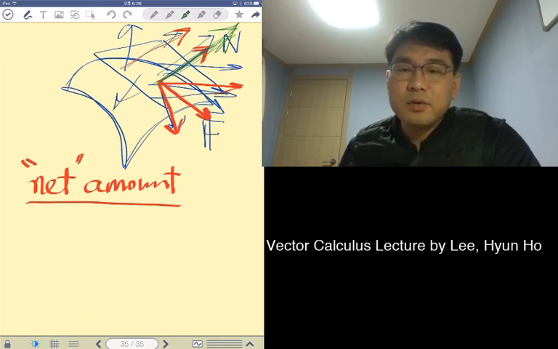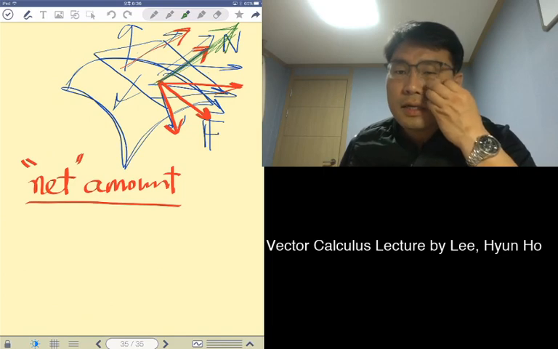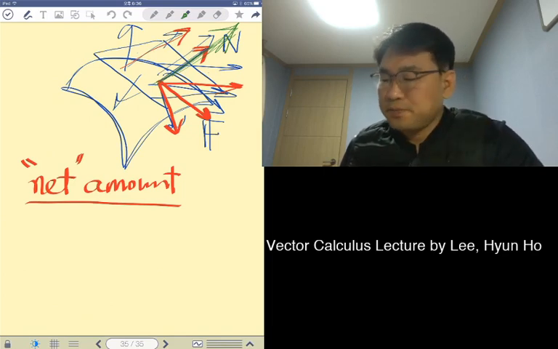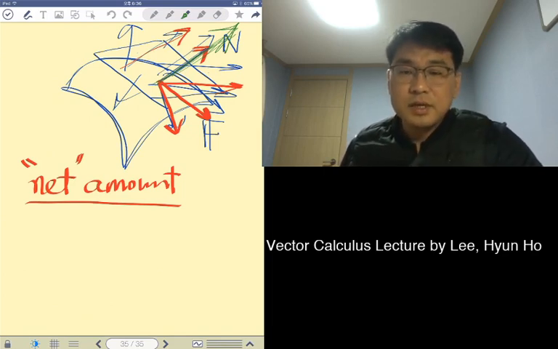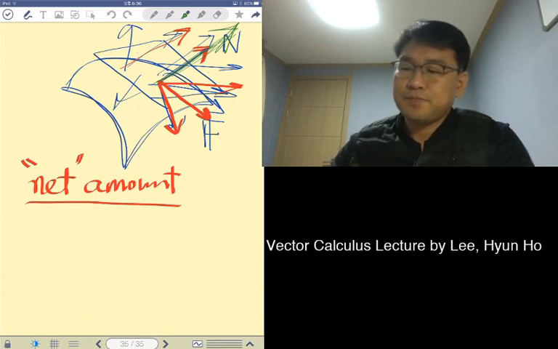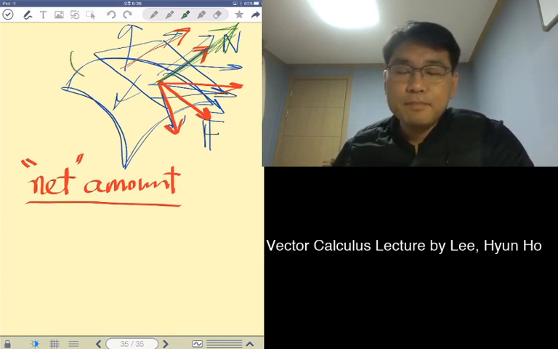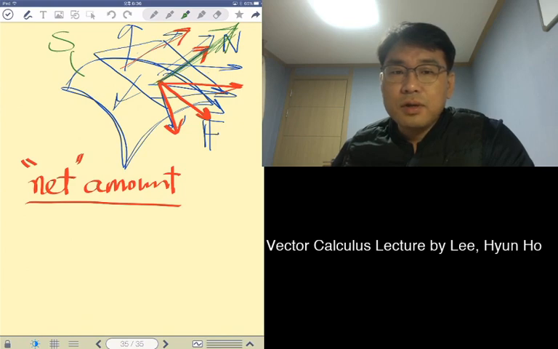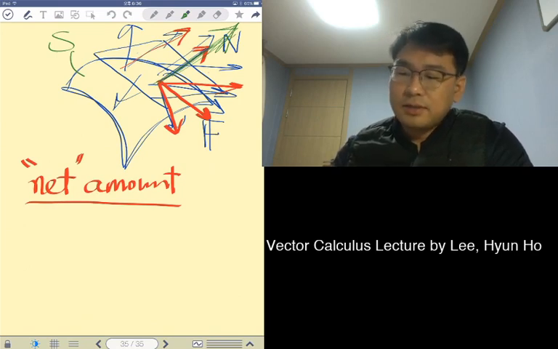That's what we are calculating in the surface integral case. So we are computing the total flux through the whole surface S. This is the physical meaning of the surface integral of the vector field through sigma, or S.